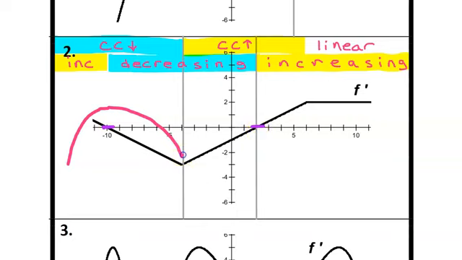So here we go. Decreasing, concave up, and ending at a horizontal tangent line. For this next interval, f should be increasing and concave up with no horizontal tangent line at the end. So here we go, increasing and concave up.